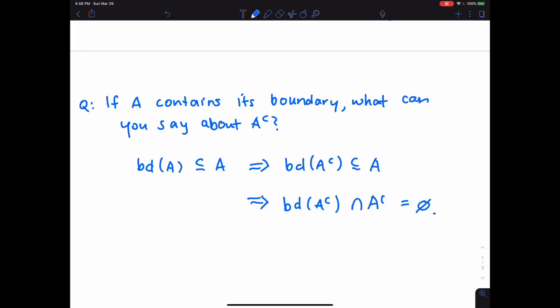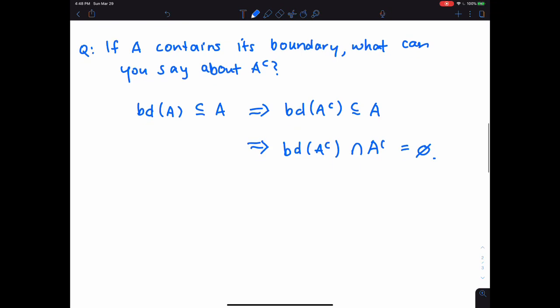If the boundary of A is entirely inside of A, then A complement shouldn't contain a single boundary point, since the boundary of A and A complement are the same.